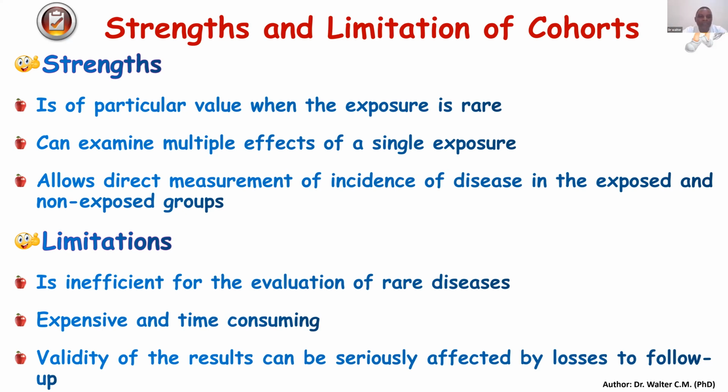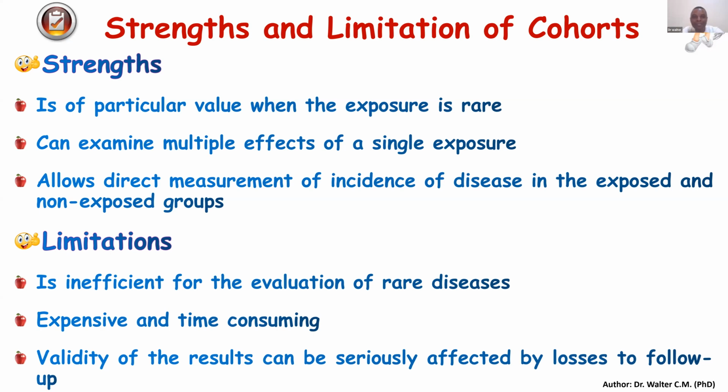And you may sometimes struggle to validate the findings, because as you follow someone to develop a disease over a certain period of time, he or she may drop out in between. These are called lost to follow-up. If they drop out before the end of the study, it is very difficult to end up with valid findings. This is one among the limitations of cohort studies.